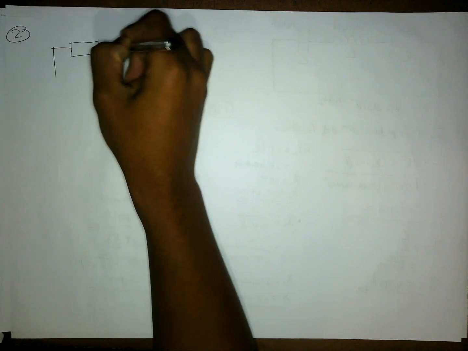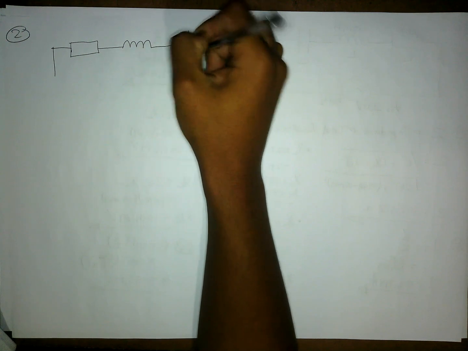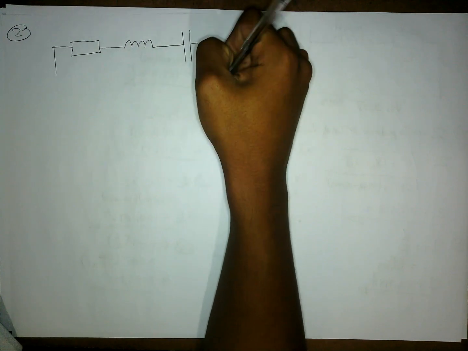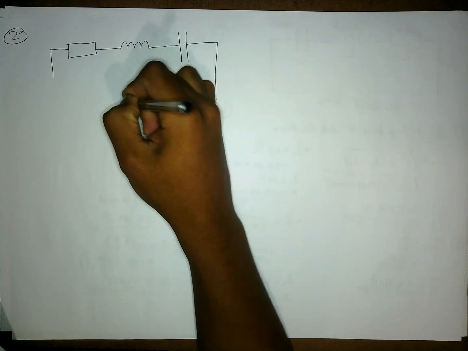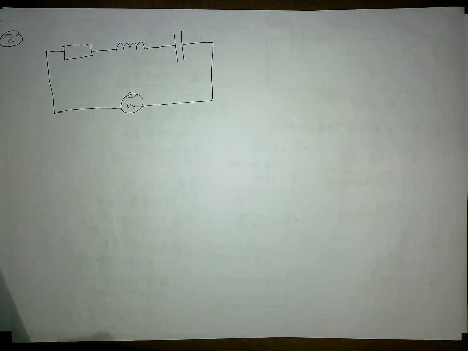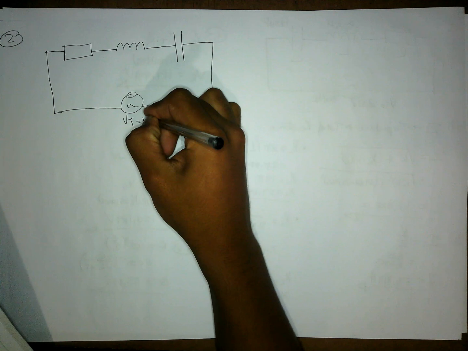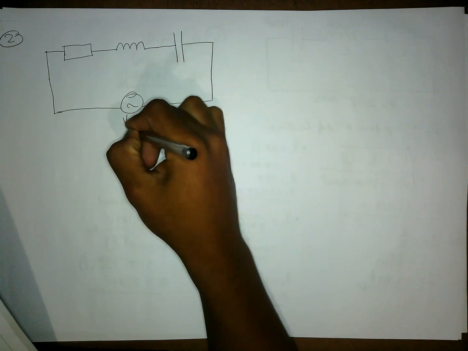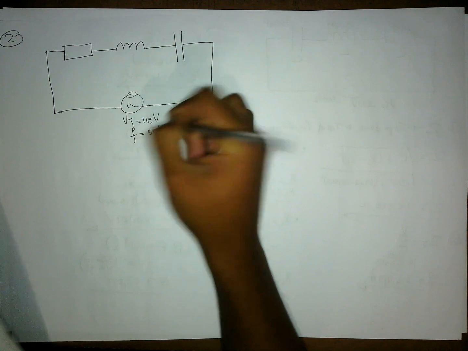For number 2, we have again a resistor. So we have our AC supply. Our V total is given as 110 volts, and our frequency is 50 hertz.